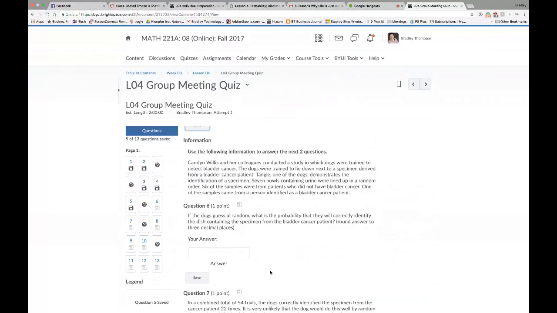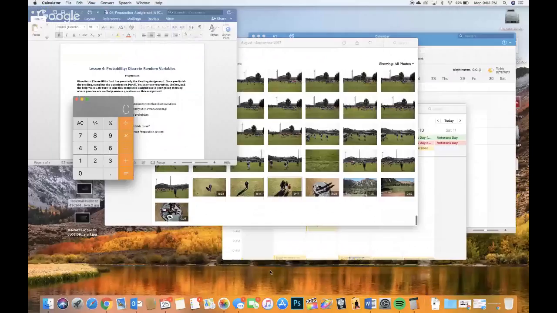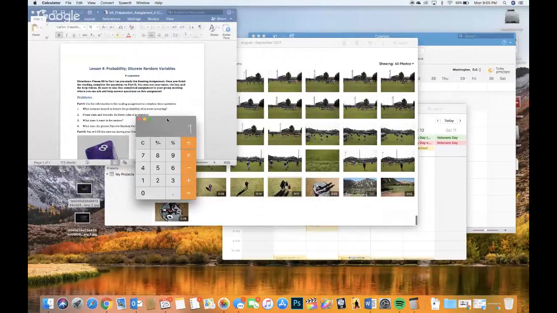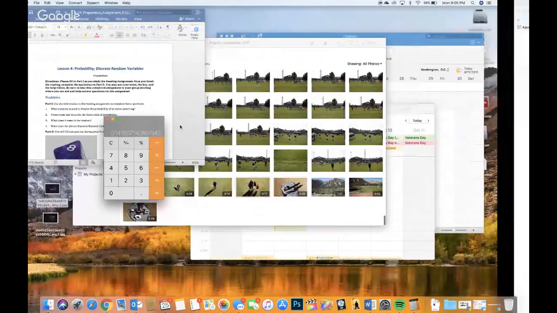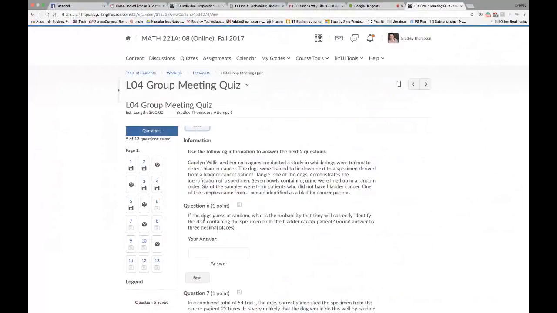So isn't it 1 divided by 6? So essentially, it'd be 7, wouldn't it? 1 divided by 7. No, because there's only 1 sample. There's 7 urine samples. Right, because there's 7 total samples.